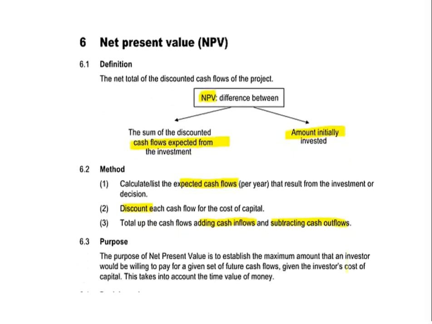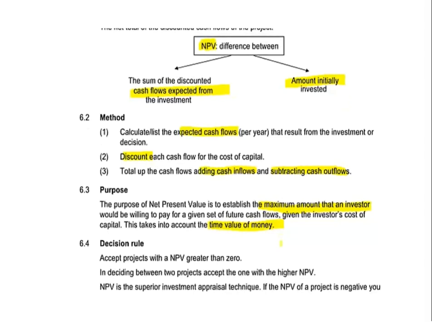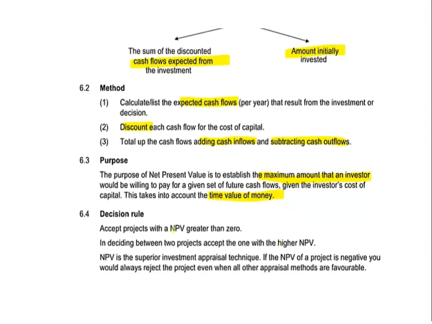And we use that then to establish the maximum amount that an investor would be prepared to pay for a set of future cash flows. And that's based on the investor's cost of capital, and it takes into consideration the time value of money. Unlike payback then, it's taking into consideration the time value of money, but there's also a very clear decision rule.